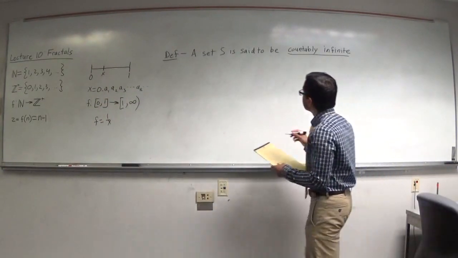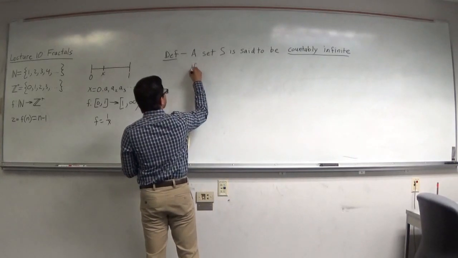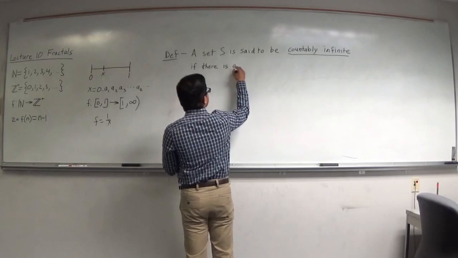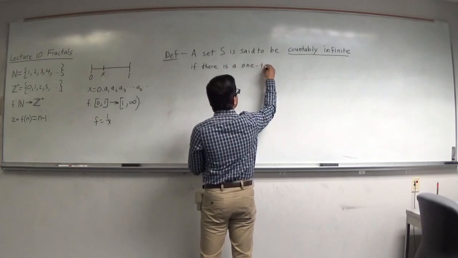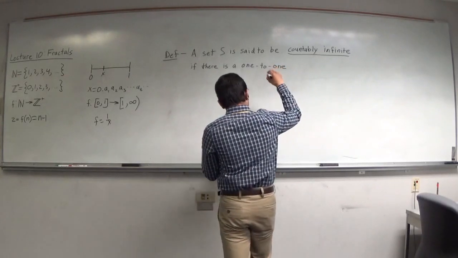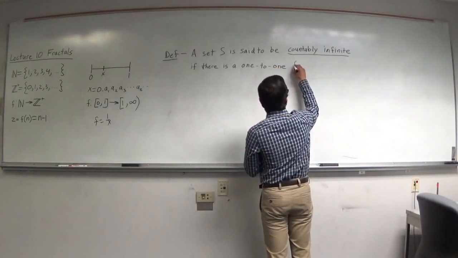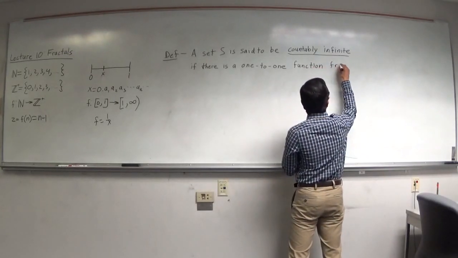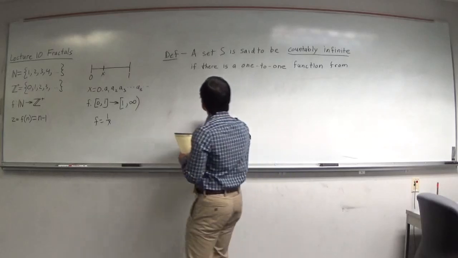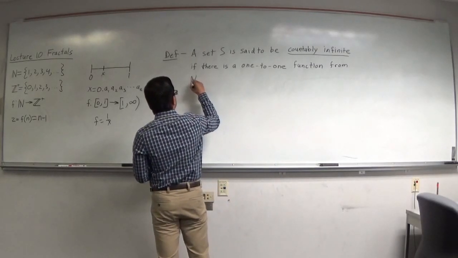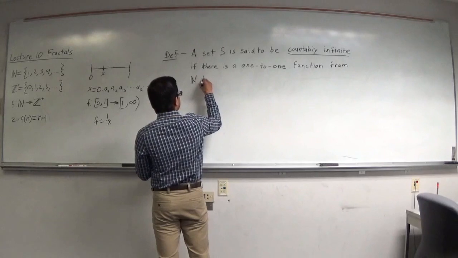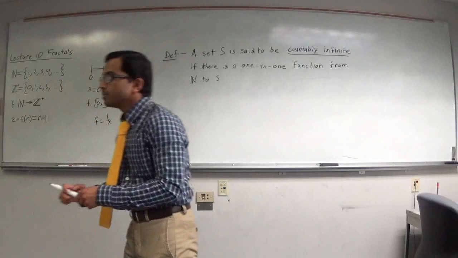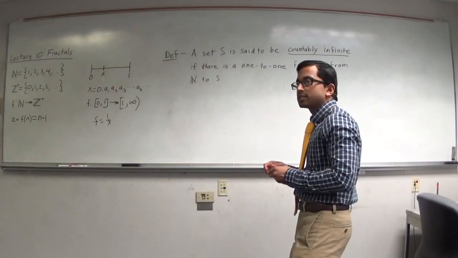So this is countably infinite if there is a one-to-one function from N to S. So that basically means that we could write the elements as a sequence.